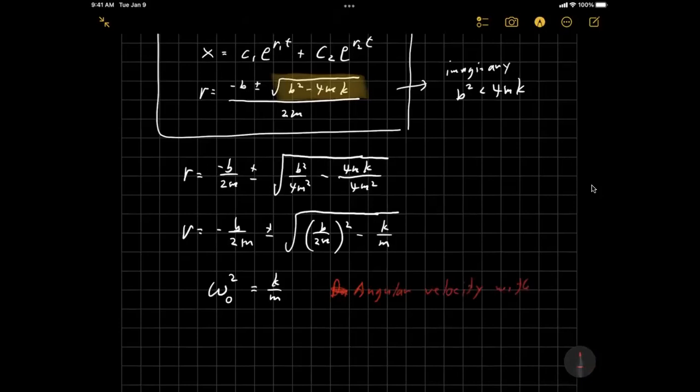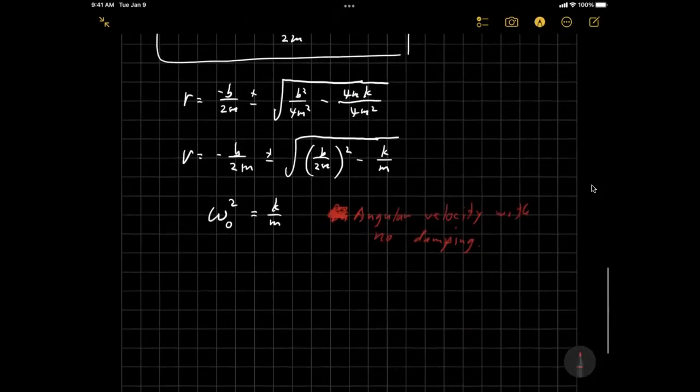We'll have to have a slightly altered angular velocity because damping will slow things down. It'll create a little drag in the oscillations, so they will slow things down. That's one thing that we have in there.